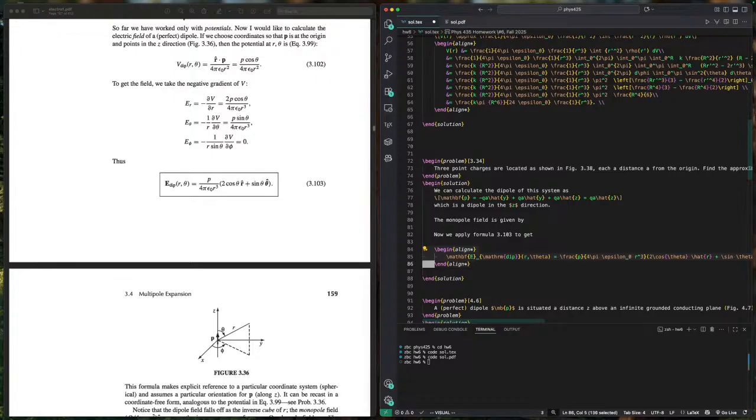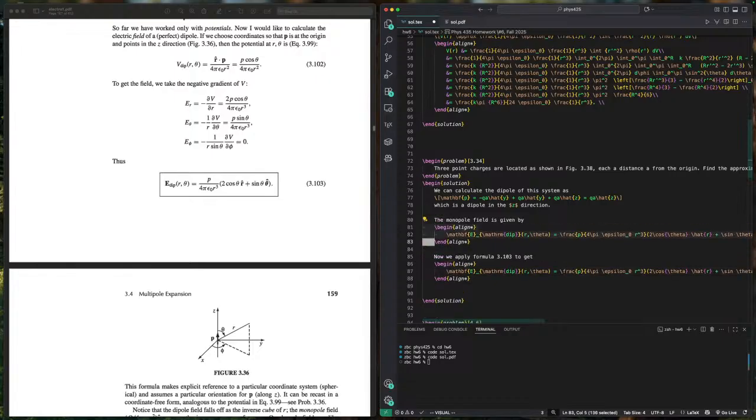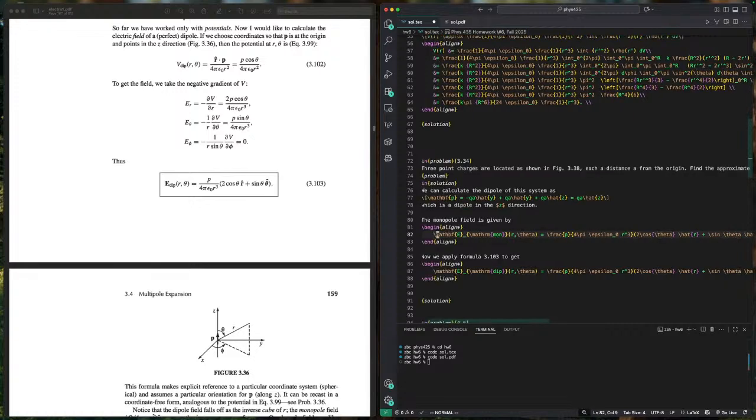Maybe we can do something similar here. And this is just in the r direction.